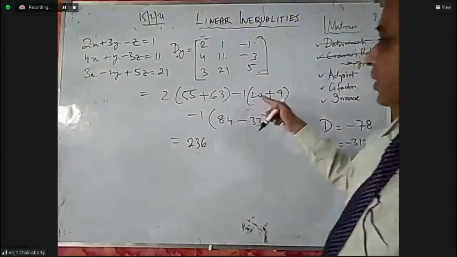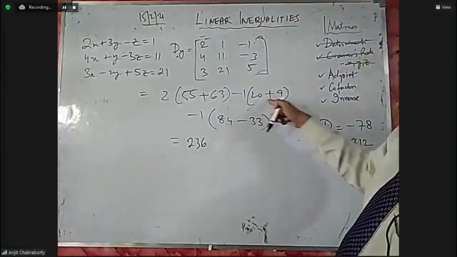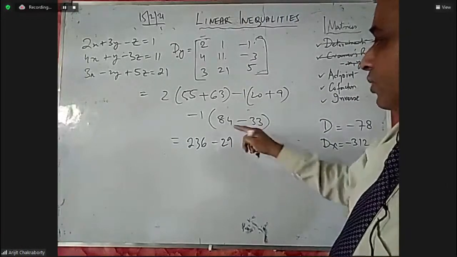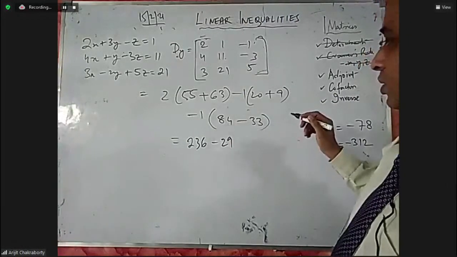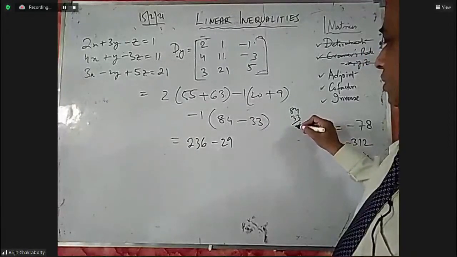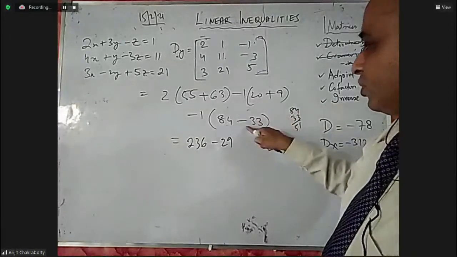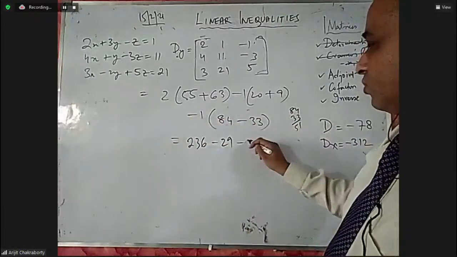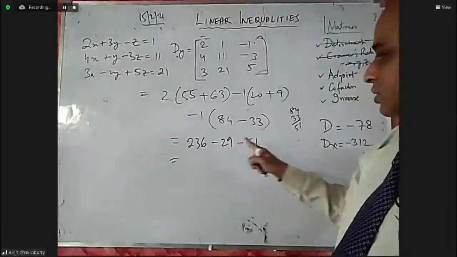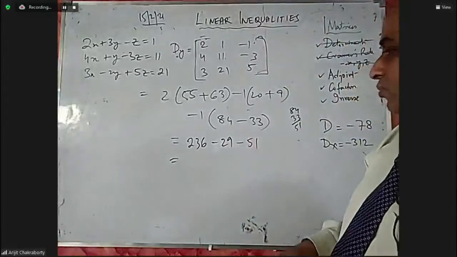236. Then I have -20 plus 9, so -29. And then I have 84 minus 33, which is 51. So I have -51. So this gives me 236 minus 29 minus 51.